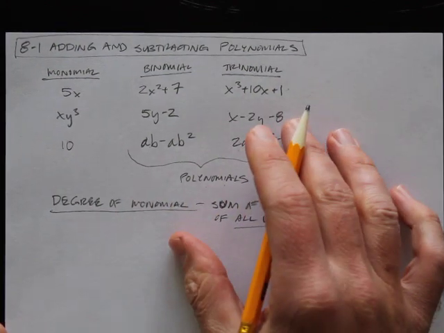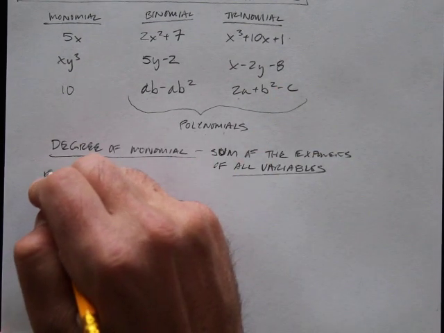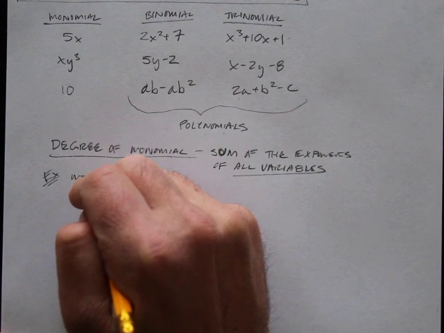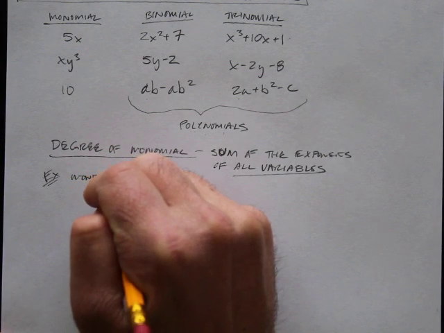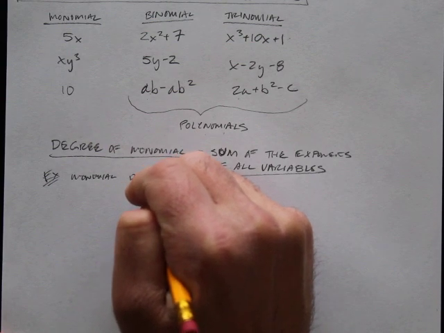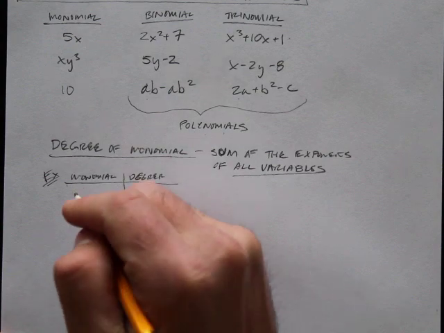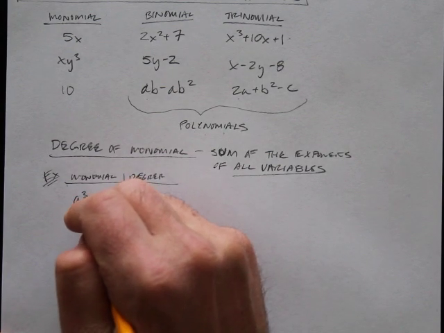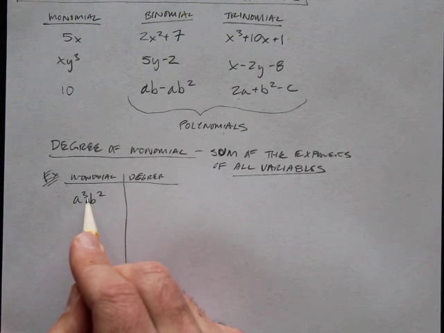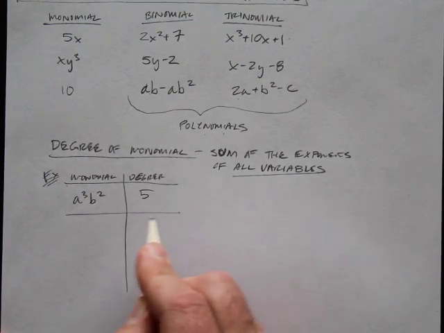So we're going to do some examples here. So I'm going to have a monomial, and then we're going to show the degree of that monomial. So if I have a cubed times b squared, this is the monomial. My degree is 3 plus 2, which is 5.